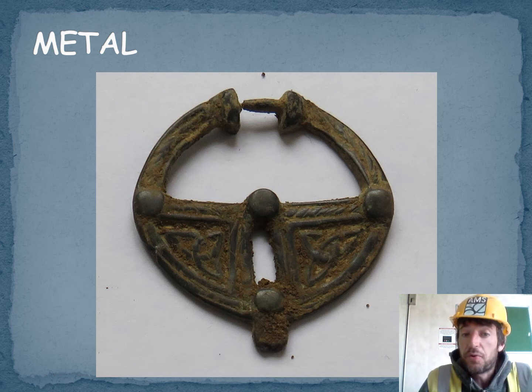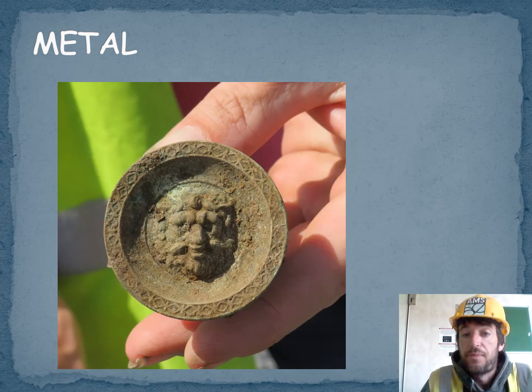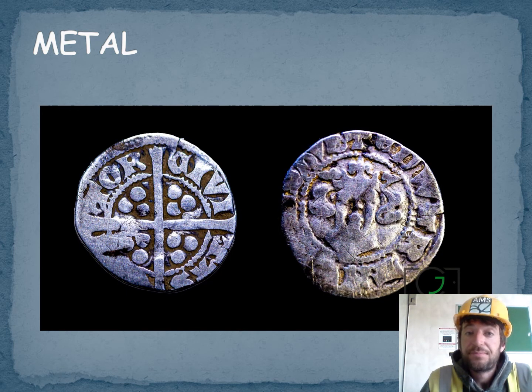This is a silver brooch, and you can see the designs within the interior of it. Here is a doorknob with the face on it, and again it has designs around the edge on the outside. Here we have a silver penny from the time of Edward I.